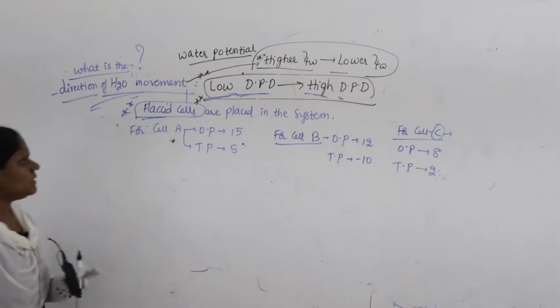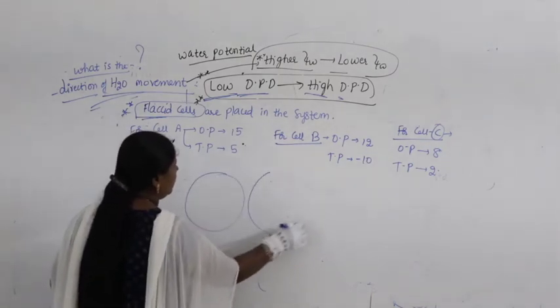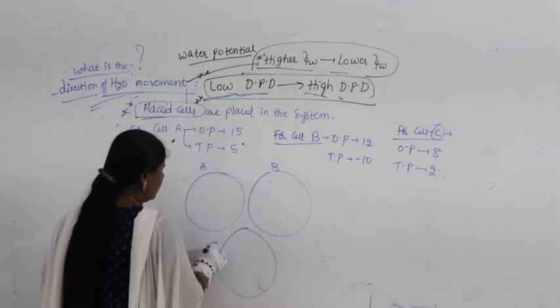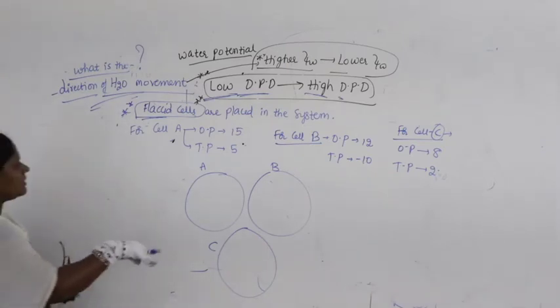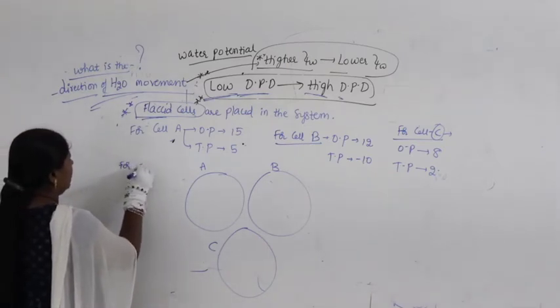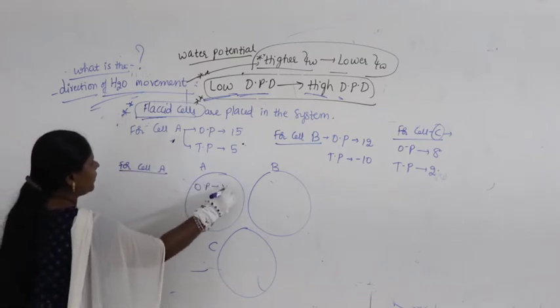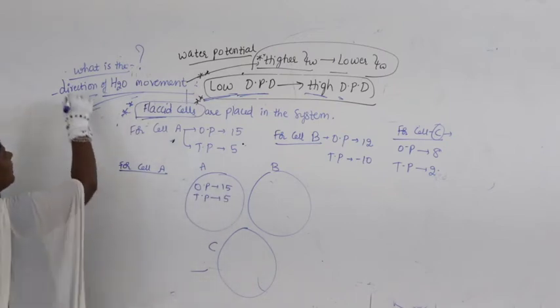Okay. Now 3 cells are there. Let us take A, B and C. A here, B here and C here. Now where to where the movement is happening? Let us take cell A. What is the OP value given here? 15. TP value given as 5. So what is the formula for a placid cell?